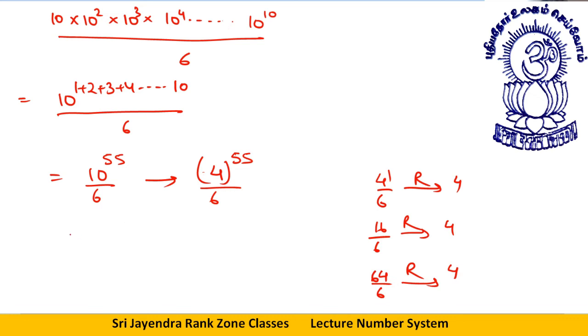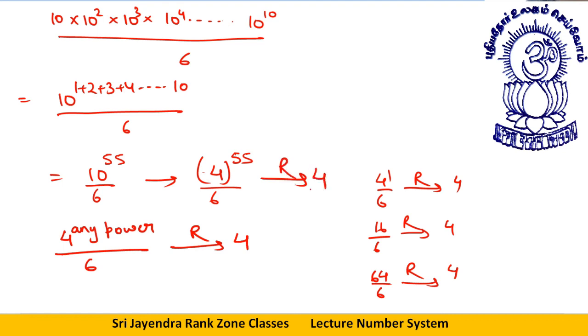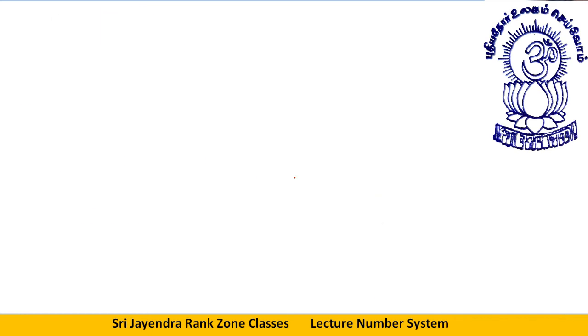So 4 raised to any power divided by 6, the remainder will be 4. So that way the remainder is 4. I am sure it must be clear, dear students. Let's move to the next one.